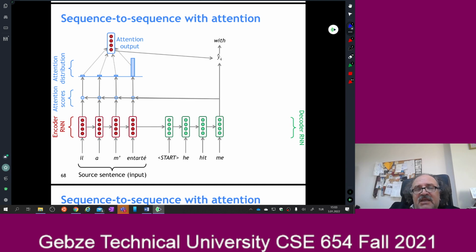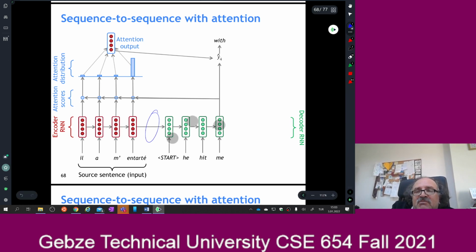While I'm training, the only information I get from the encoder part is not this bottleneck information anymore. I am measuring my attention with the input words, between the decoder structure and the encoder structure. So there is more connection.